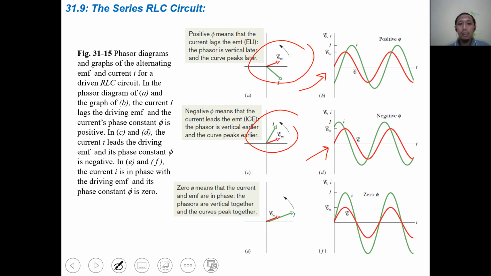If the phi is zero, it means that the current and EMF are in phase. If we have only the resistor in the circuit, it must be like this, because there is no capacitor or inductor which can store energy.